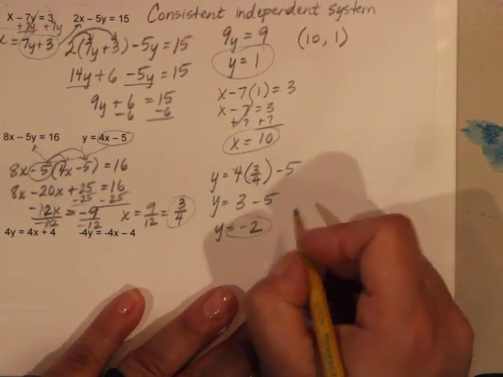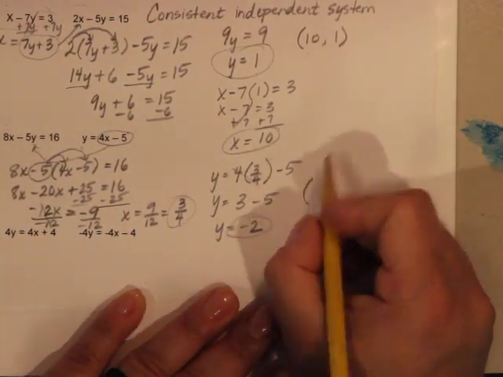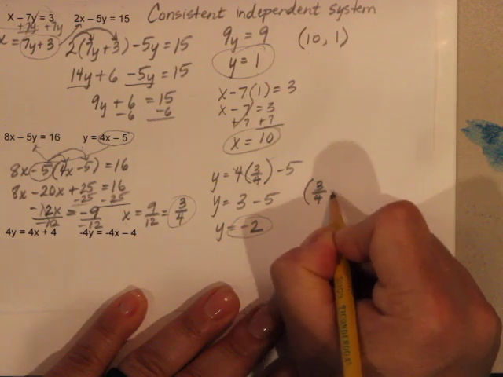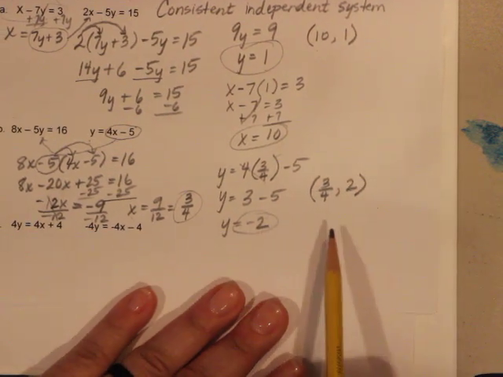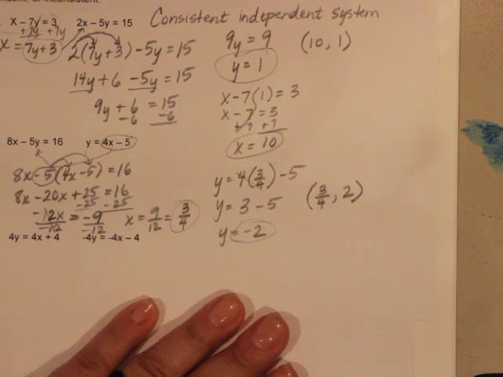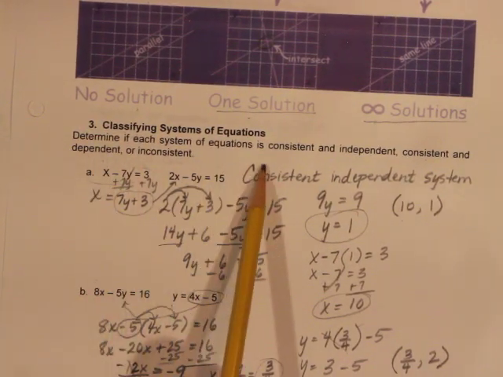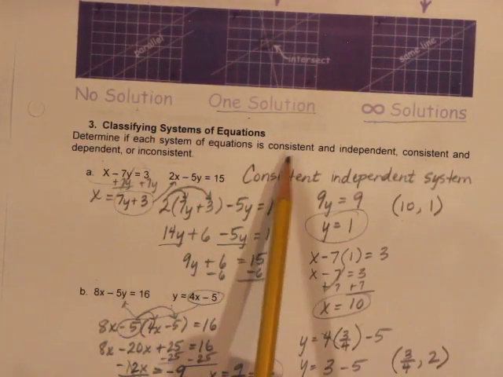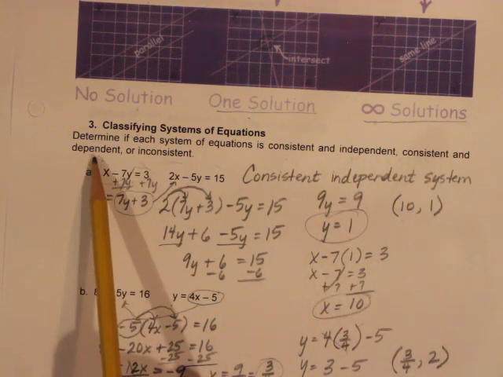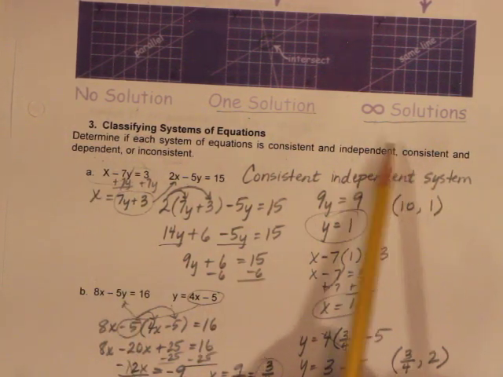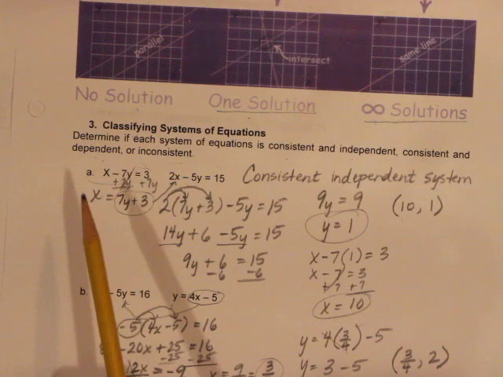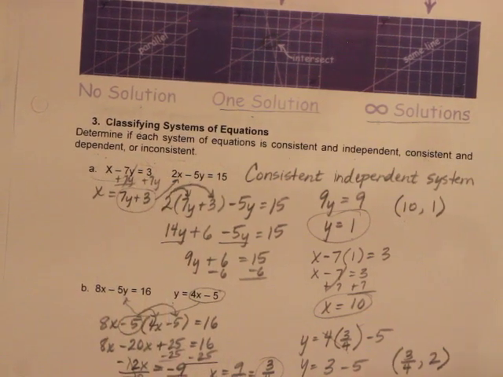So my solution set is x and then y, remember? 3/4 and then negative 2. Now that I've done all that, I still haven't answered the question. The question is to determine if the system of equations is consistent and independent, consistent and dependent, meaning they have all of the solutions in common, or inconsistent, meaning they have no solutions.